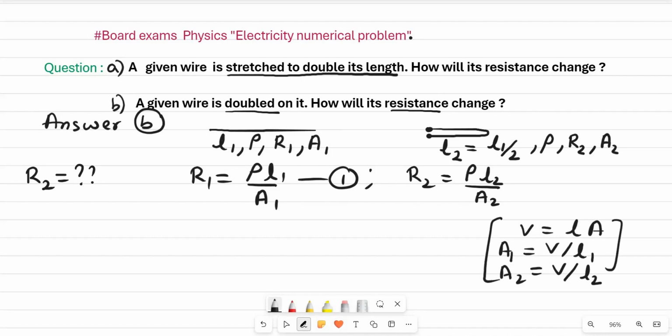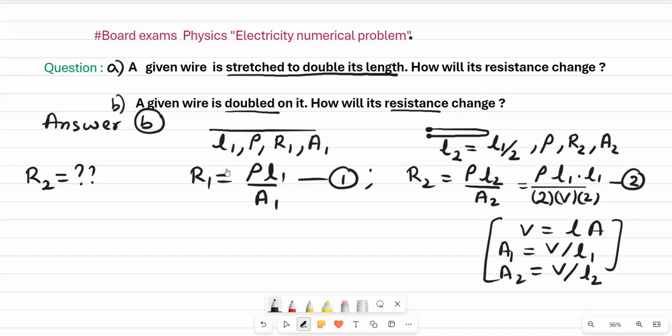So R2 is rho L1 by 2, and what is A2? A2 is volume by L2. L2 goes to the numerator and L2 is L1 by 2. So this is how the R2 expression looks.